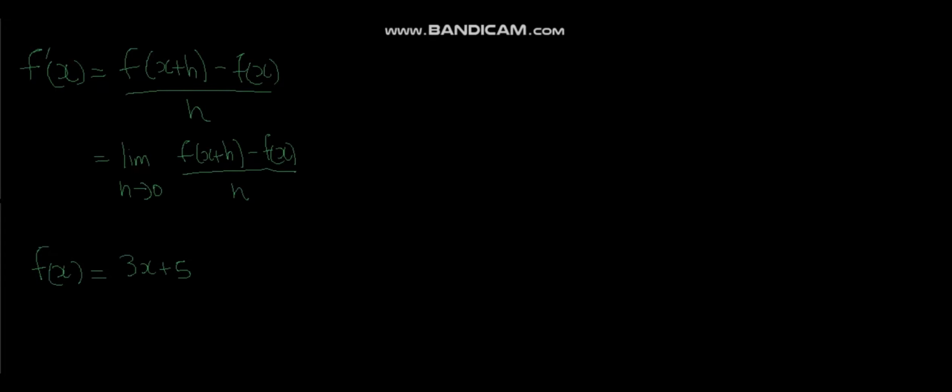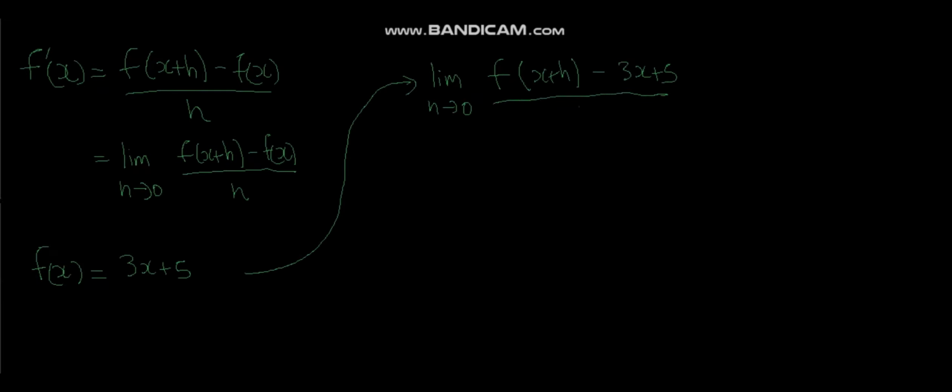Currently working up here, we say the limit as h approaches 0 of f of x plus h minus, well, f of x was just 3x plus 5, all over h.